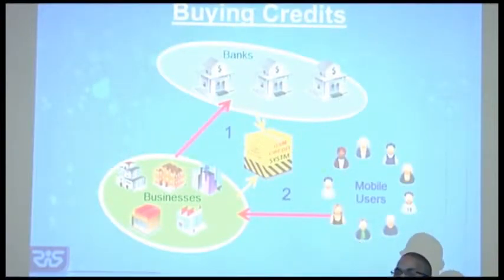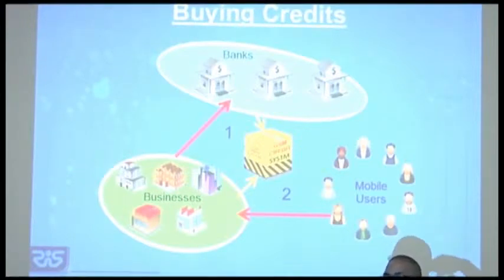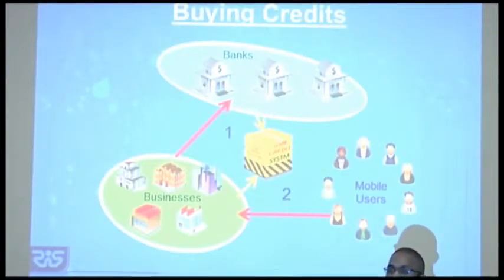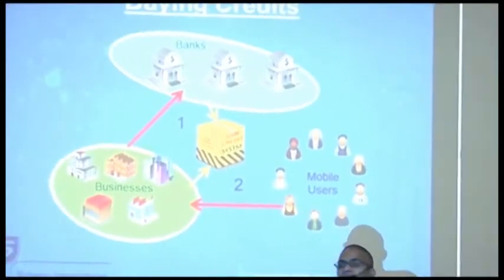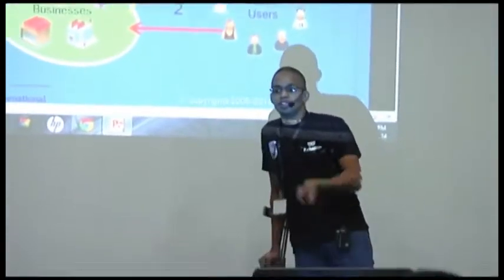So in the first option, the merchants or the businesses that use the system buy credits at the provider, and in the second option, the clients buy the credits at the businesses or the merchants to use them.